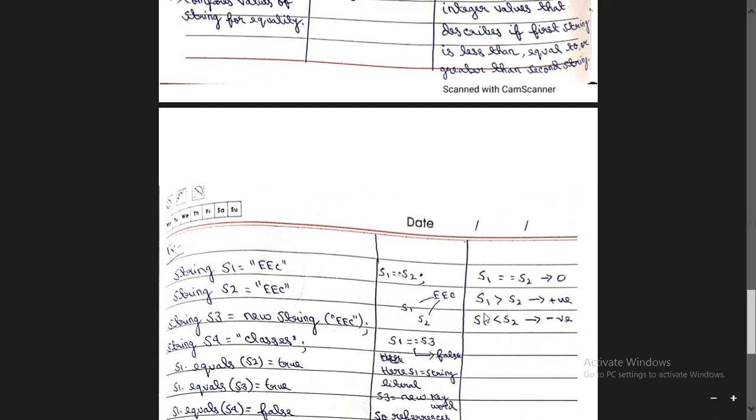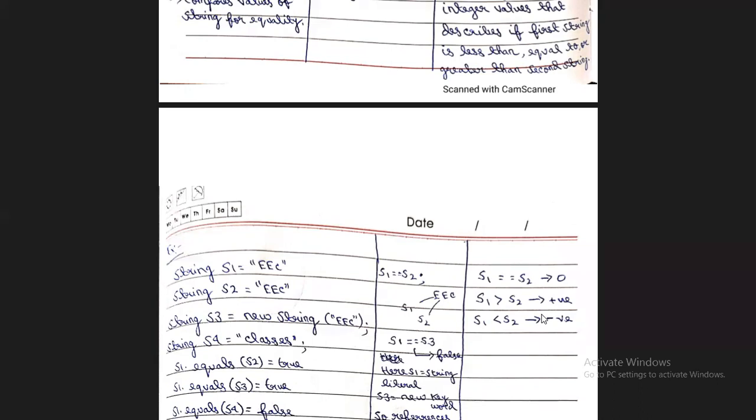If the first string, in our example s1, is greater than s2, then the return value will be positive, any positive integer value.